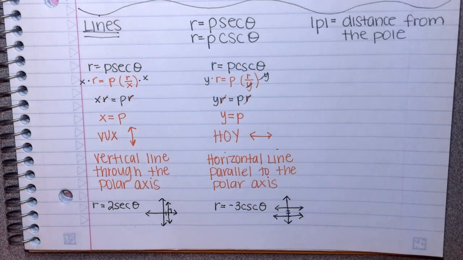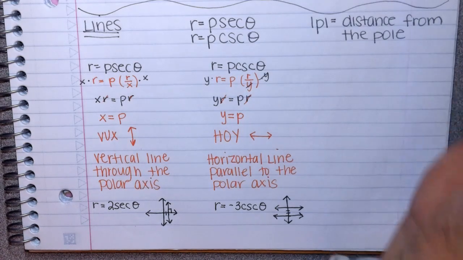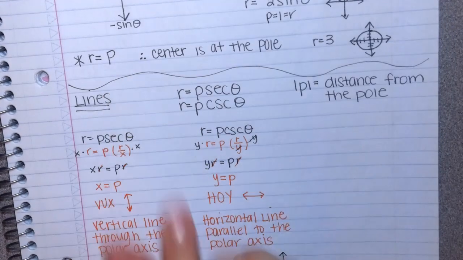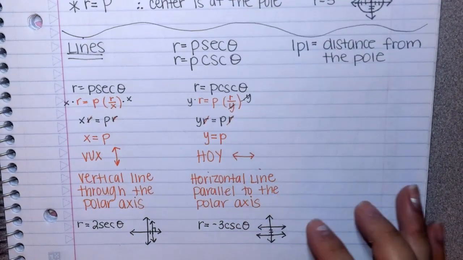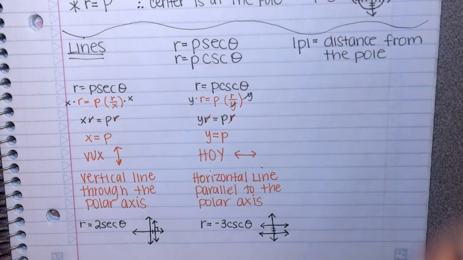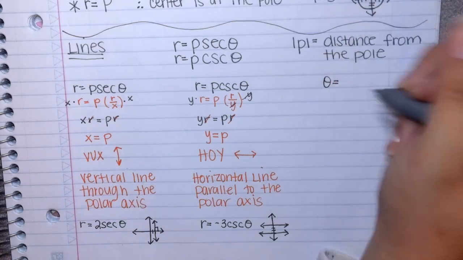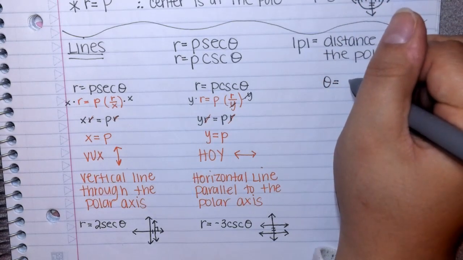Last situation that created a line, does anybody remember? It was kind of the weird one. Then just the number, but it's not r equals, because r equals just a number is a circle. What was it instead? Theta equals a number.